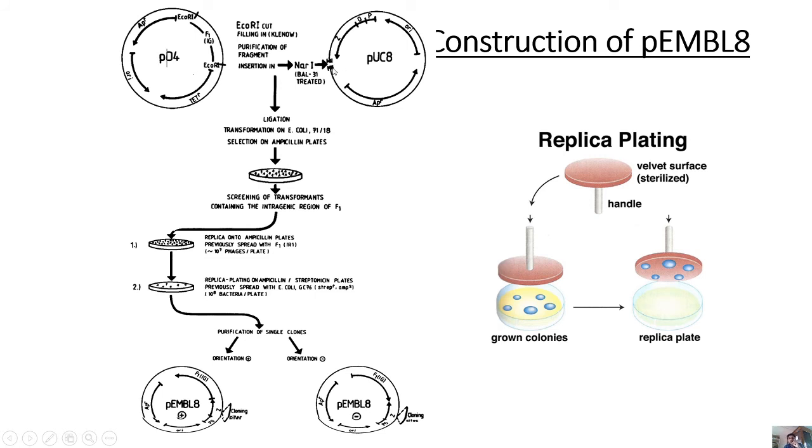And you have to keep in mind that this NarI is a safe region because it cannot destroy or disrupt the reading frames of LacZ or the origin of replication or the ampicillin resistance gene region of the pUC8.